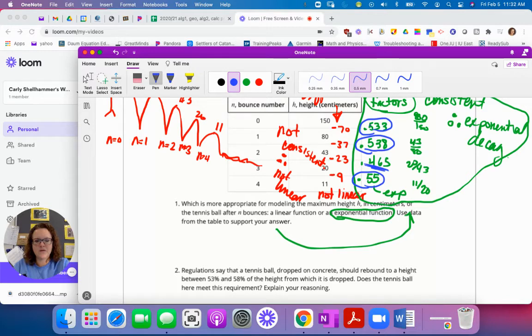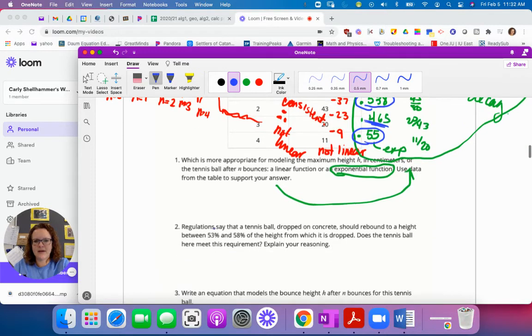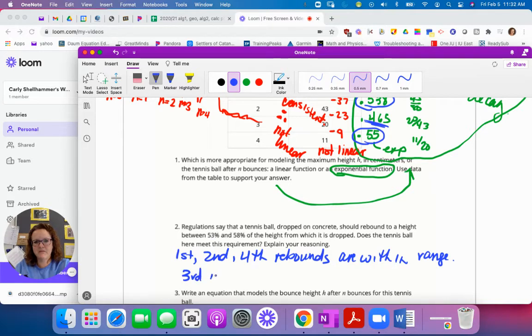All right, so the first, second, and fourth rebounds are within range. Okay, but the third is not.